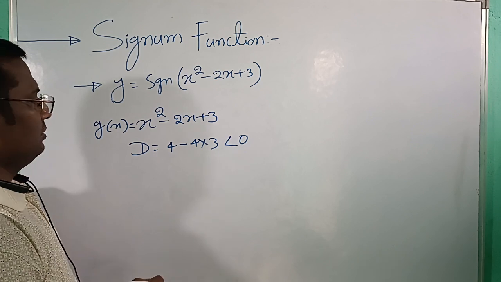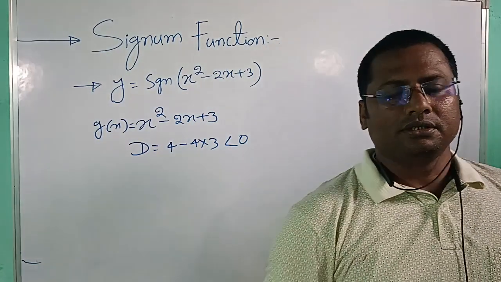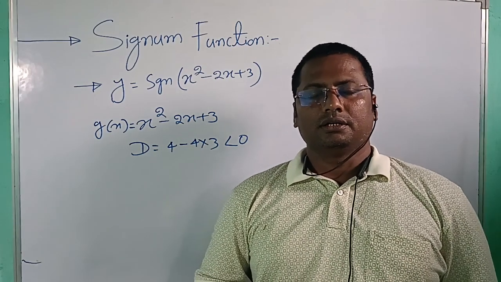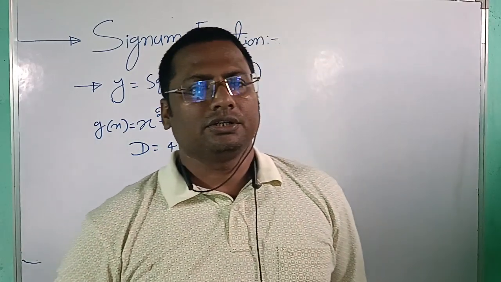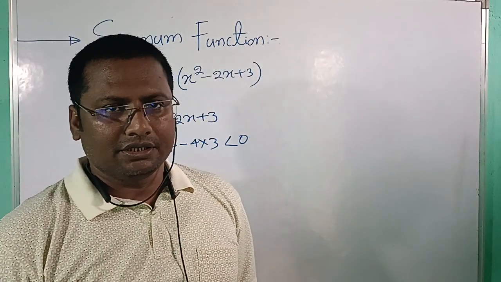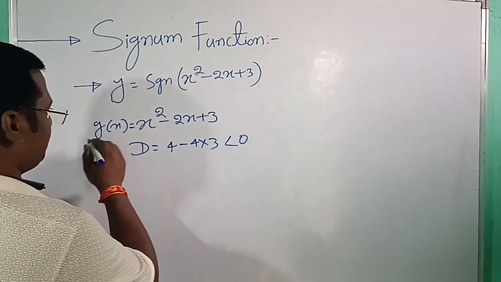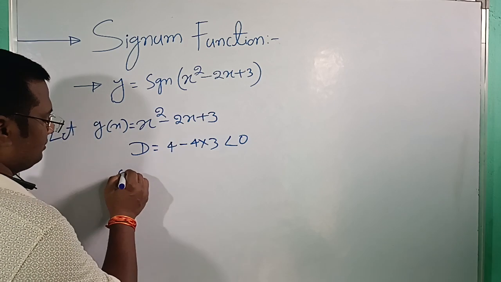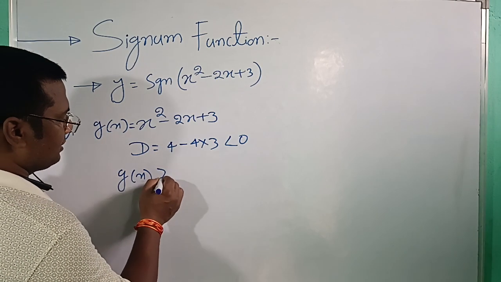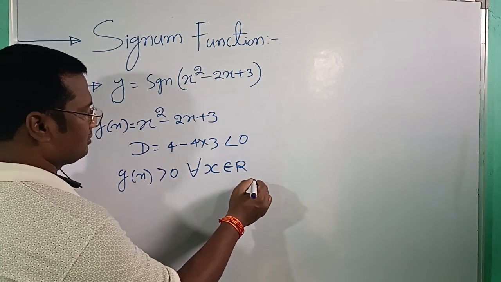In any quadratic equation, if the discriminant is less than 0 and the coefficient of x square is positive, then that quadratic will be greater than 0 for all x belongs to R. So g(x) is greater than 0 for all x belongs to R.